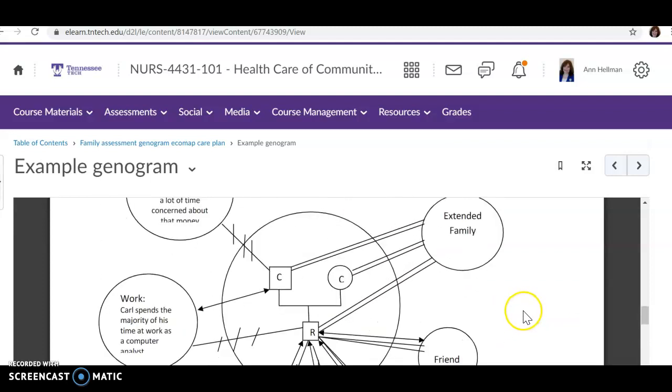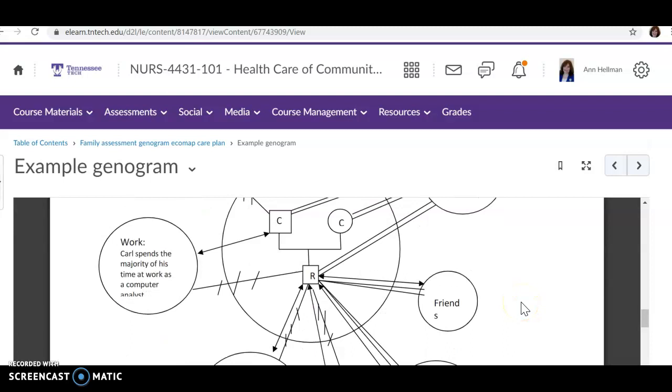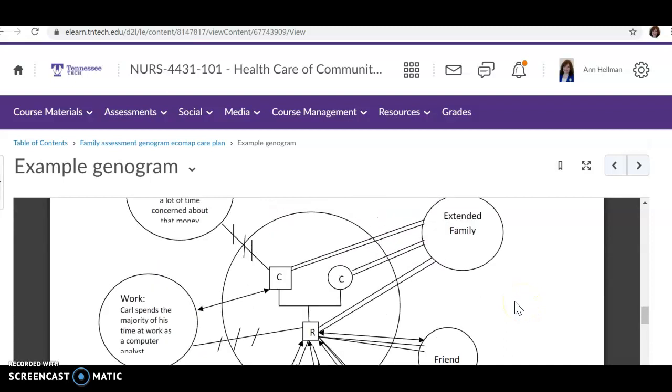So looking at this, if my patient has a new diagnosis and I'm trying to help that patient cope with that new diagnosis, I am in my instruction to the patient and working with the patient, and I'm going to determine, based on my interviewing the patient and the conversation we have, that this patient feels especially connected to extended family and also as well to the parents.